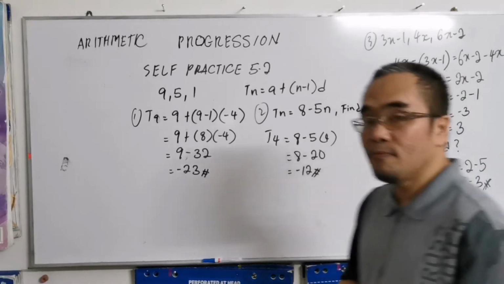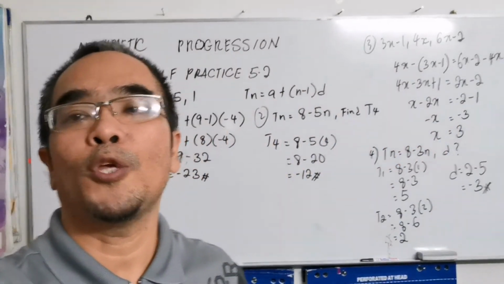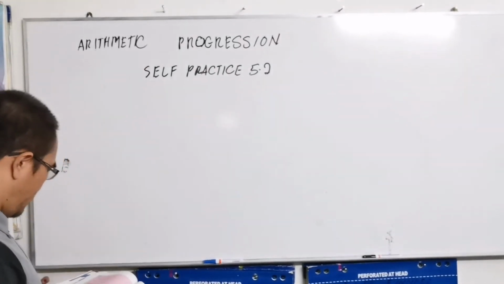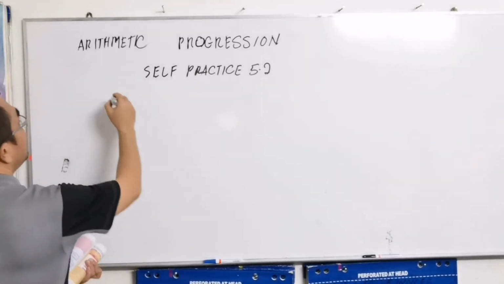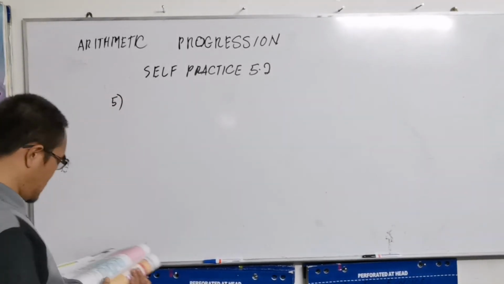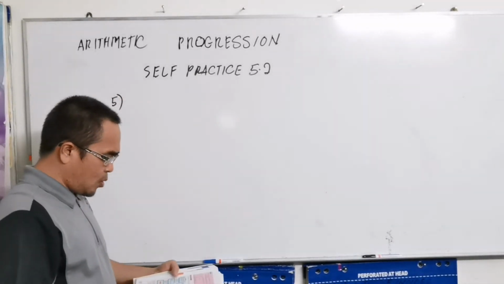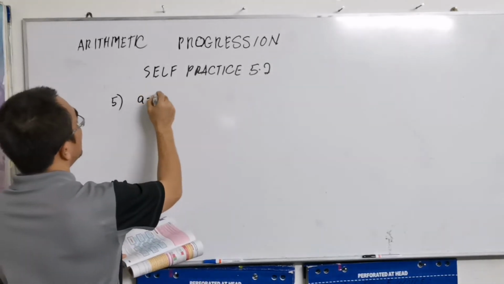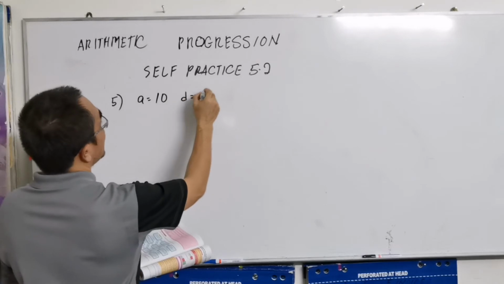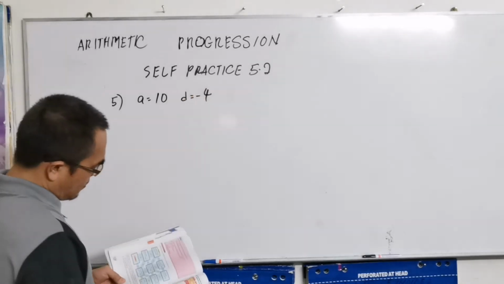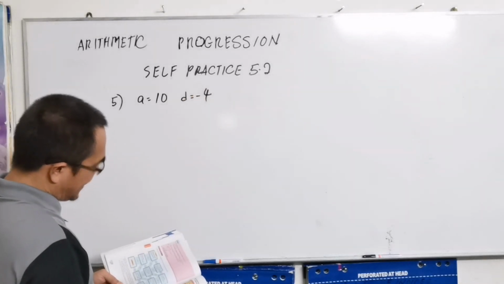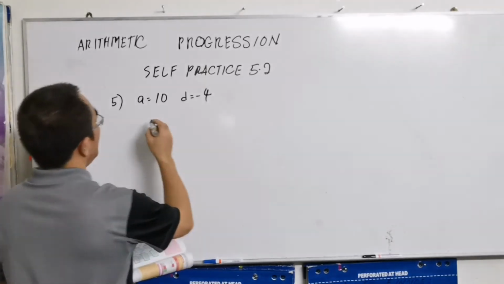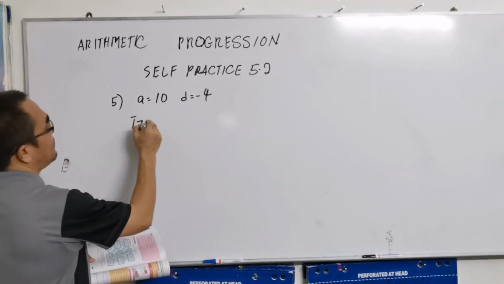Okay, that is the first 4 questions. The fifth question, given that A equals 10 and D equals negative 4, find T7. They want you to find T7.